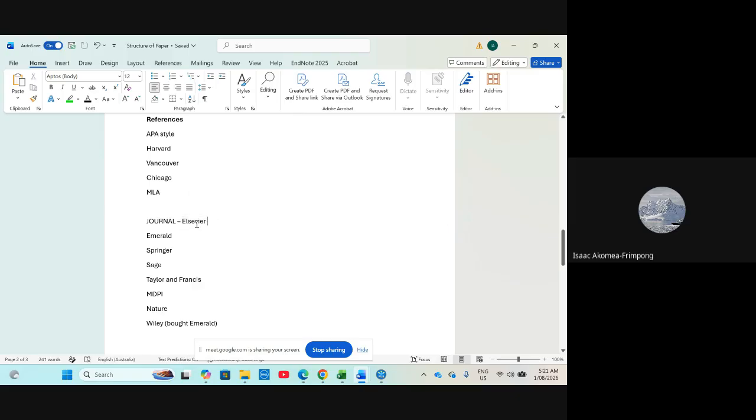When you go into Elsevier, you see many journals in there, depending on your preference, depending on what you are looking for. You will see them there. But we don't have any journal called Elsevier, or any journal called Emerald, or any journal called Springer. But within them, you will locate the journal that will suit your study.